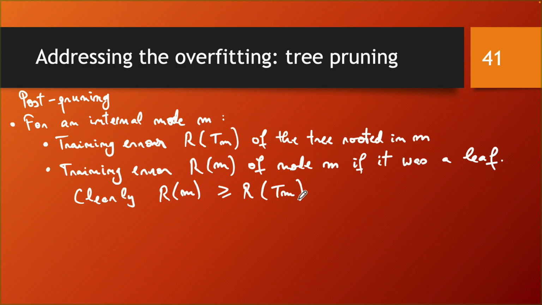And remember how the splits were done. They were driven by the idea that you are going to have either more pure nodes or, in a regression problem, points that have values closer to each other. So obviously, by giving more effort and building a tree rooted in M, you're going to have less of a training error. So this relationship is clear, but it's not clear what happens if I take into account the size of the tree.